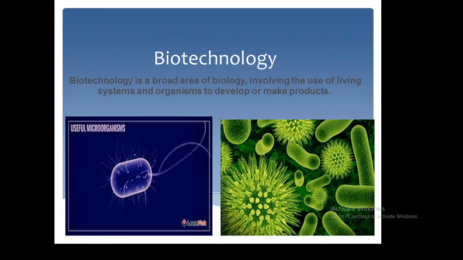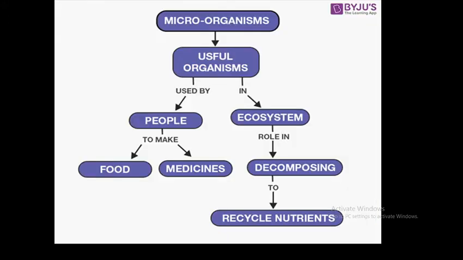So here in biotechnology, humans use useful microorganisms like bacteria and fungus to produce useful products. Let's see how. Here we have microorganisms classified into useful organisms and not useful organisms.